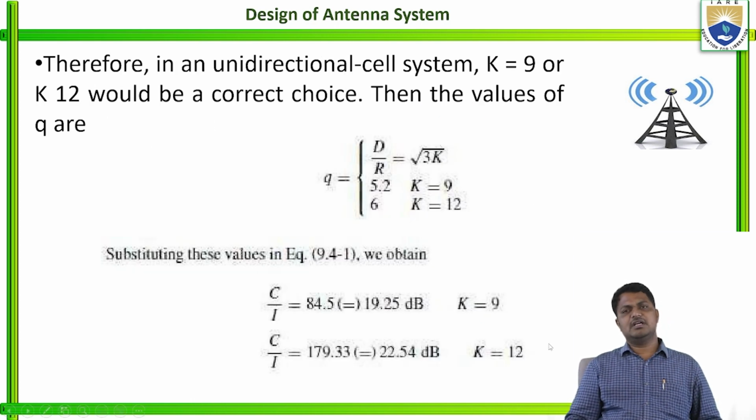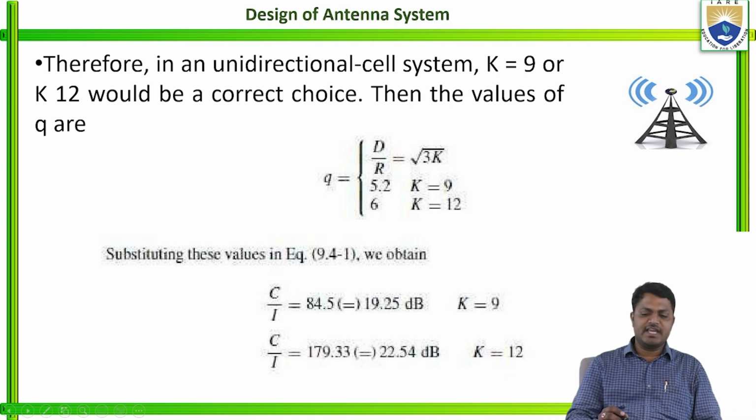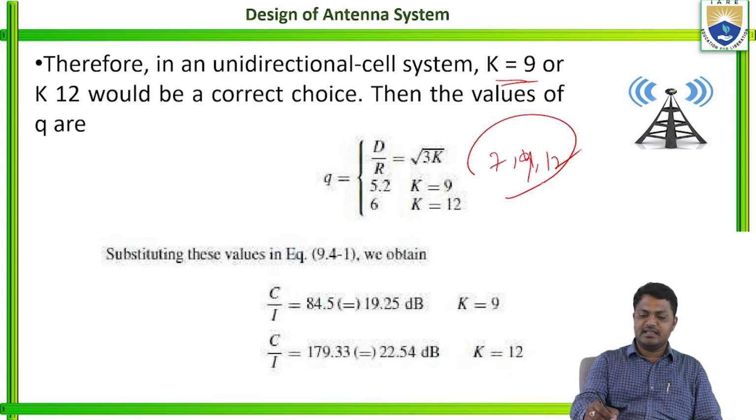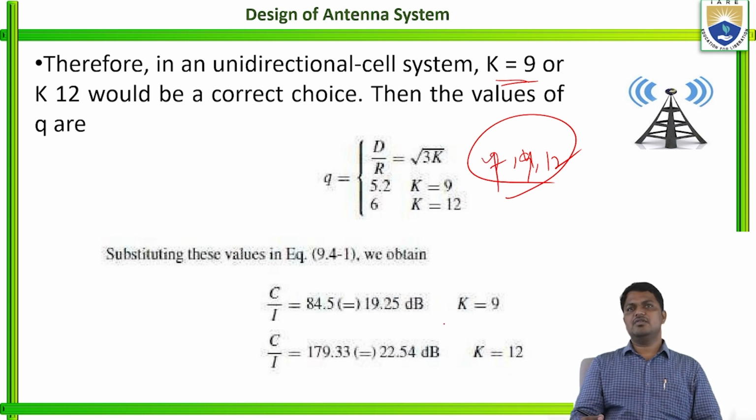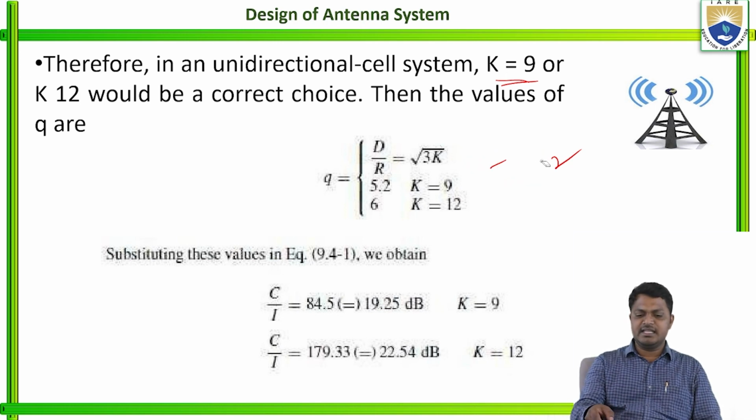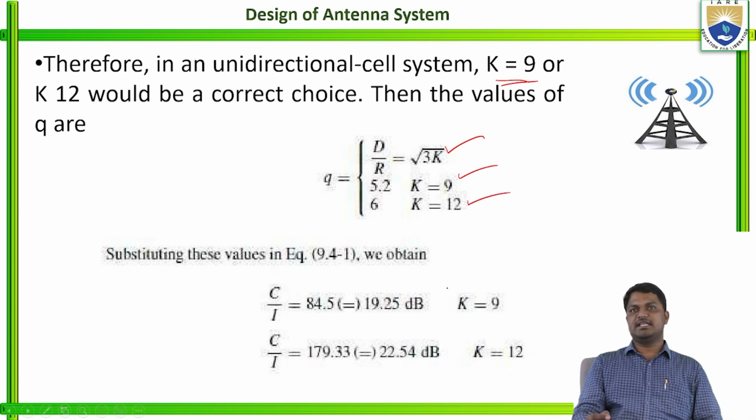Therefore, in an omnidirectional cell system, we are taking K equal to 9 or K equal to 12. We already know how we are taking K equal to 9 and K equal to 12. The cluster size is always 7, 9 and 12 that we are taking as parameter. Here we are considering the values of Q, where D by R is root 3K, that is 5.2 for 9 cells and 6 for 12 cells.